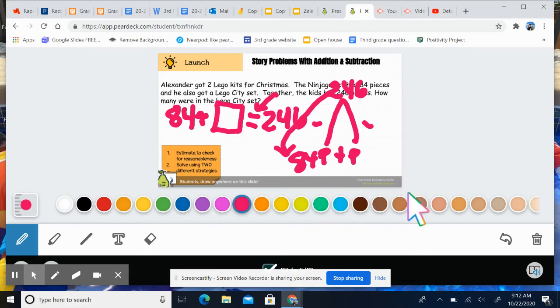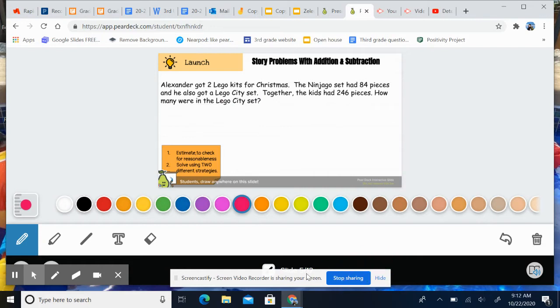So I'm going to show you how to estimate using those numbers with subtraction. When you're doing subtraction, always start with the largest number. So we'll start with 246 and get an estimate for that. Remember, you're going to look at your ones place and your tens place here. Your tens place will either change or stay the same based on the neighbor. If it's 5 or more, round up.